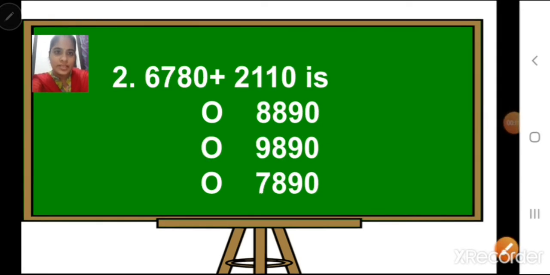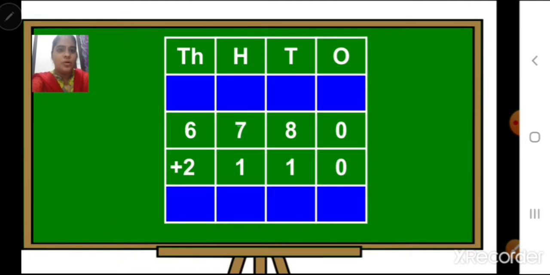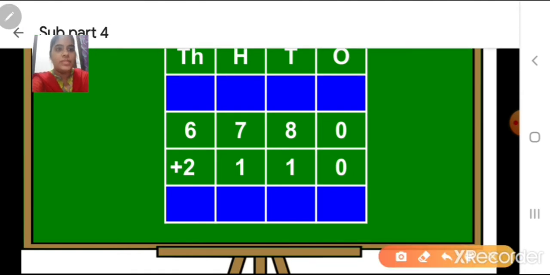Next is question number 2. 6780 plus 2110. We have to again add both the numbers and check. Okay, so write all the numbers in the proper place and let us add. We will add from ones place.